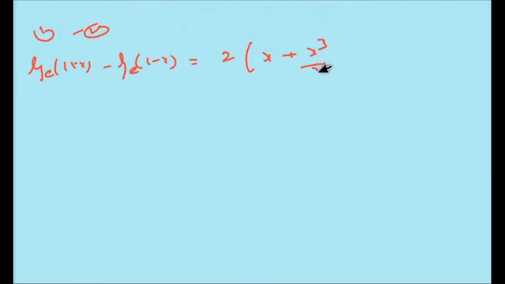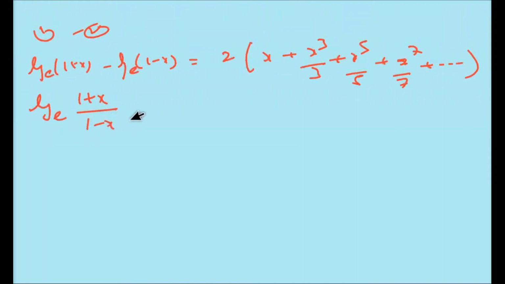Equation 1 minus 2, what do we get here? log_e(1 plus x) minus log_e(1 minus x) equals twice of x plus x cube upon 3 plus x to the power 5 upon 5 plus x to the power 7 upon 7 and so on. Okay, student, so log m minus log n we can write as log m upon n. So we can write it this way.